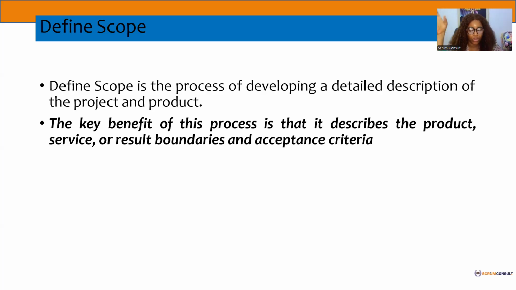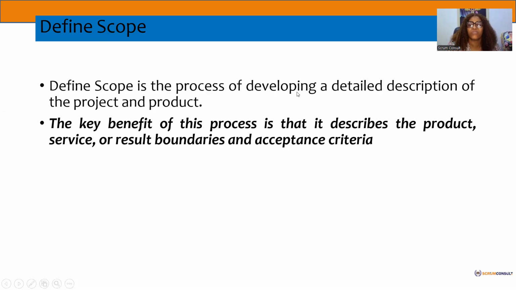Some could be the product requirement, some could be the scope requirement, some could be the project requirements. Stakeholder requirements, technical requirements, quality requirements. You are starting to sort, differentiate and categorize them. That's what we mean by define scope.